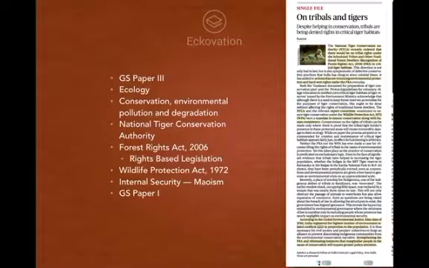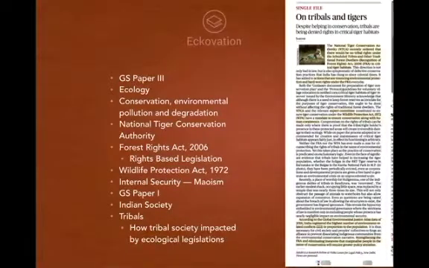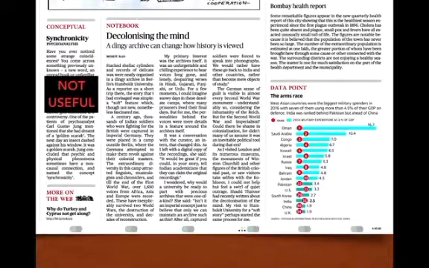This can also be related to your GS paper 1. In the Indian society portion, you have to study about tribals, and specifically how tribal society gets impacted by environmentalism and ecological legislations, specifically when they are imposed in a faulty manner, as is claimed in this Wildlife Protection Act.